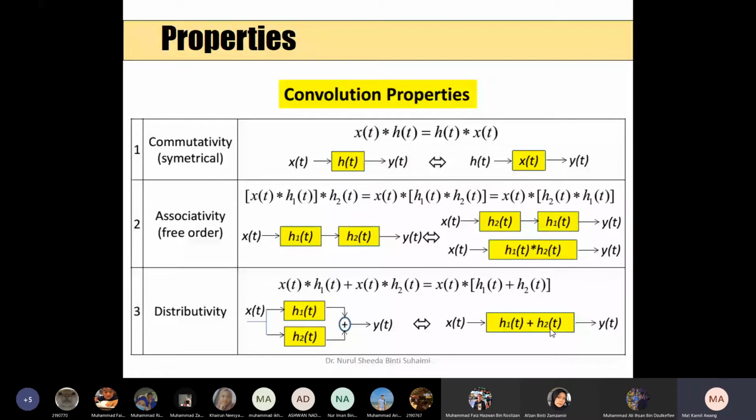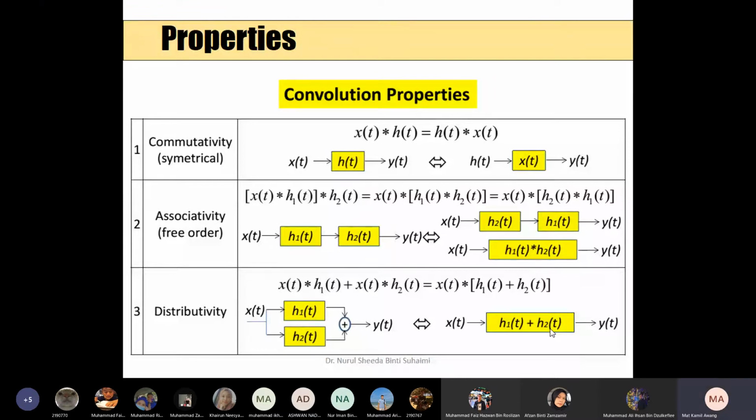Right? So x of t going into the system h of t will produce y of t. And it's the same thing if you reverse the h and x: h of t convolved with x of t will produce y of t. So it's the commutative property. Right? That is the first one.